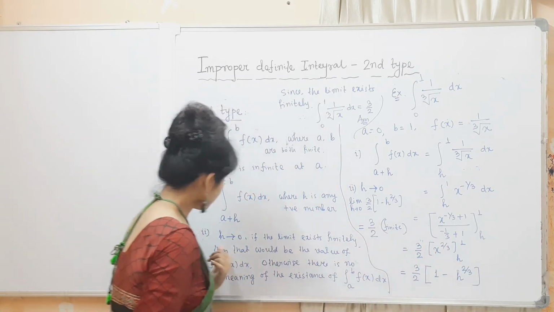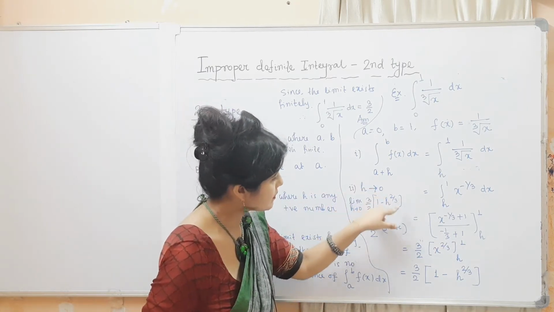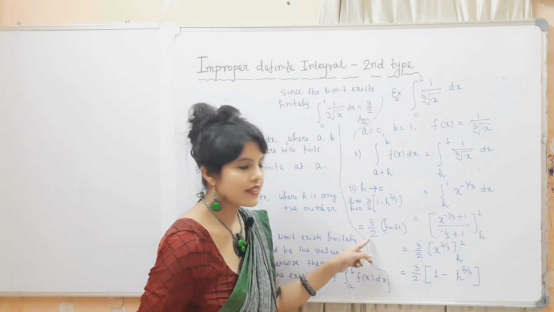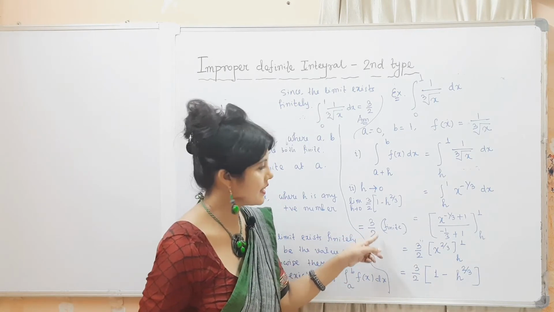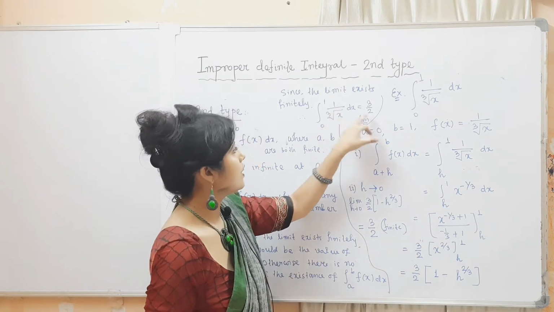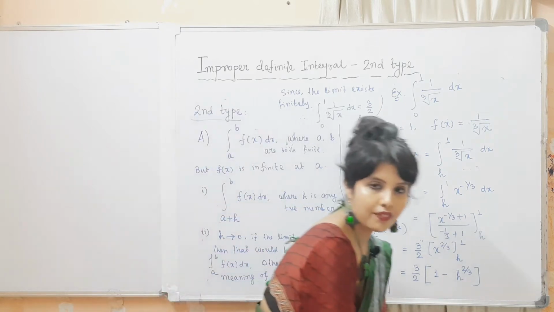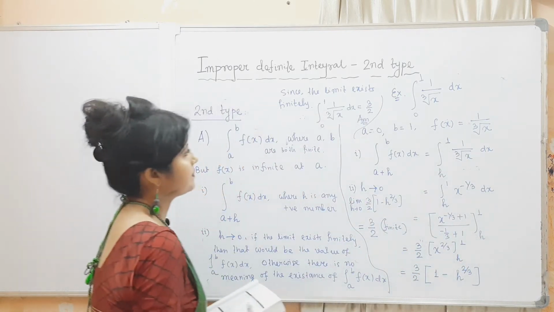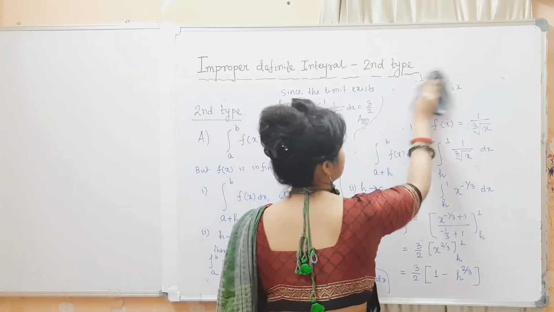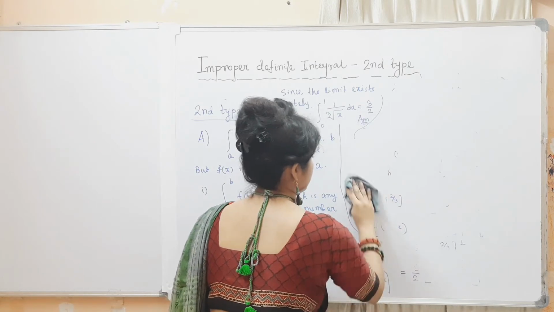Then according to the rule, I took the limit h tends to 0, and it gives a finite value, so that would be the value of the integration. Hope you have understood this. Now I am considering another problem, so I am going to remove this.